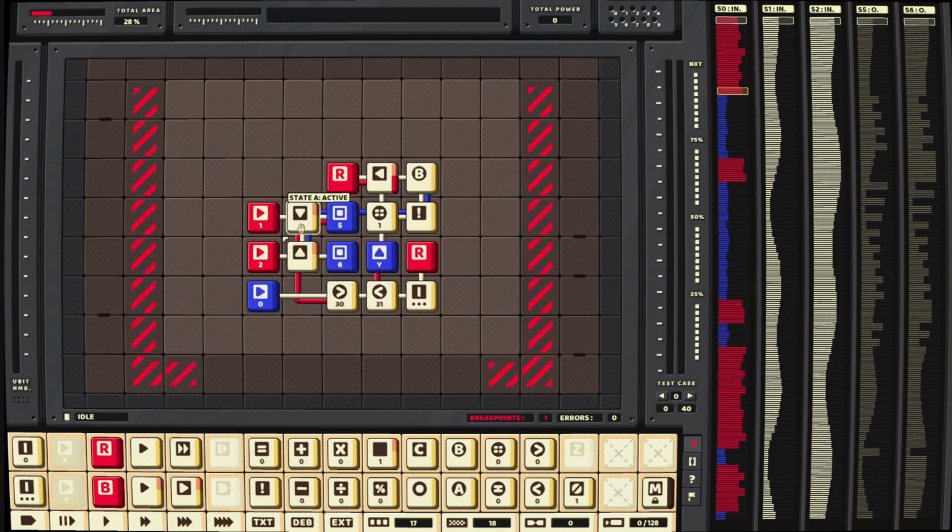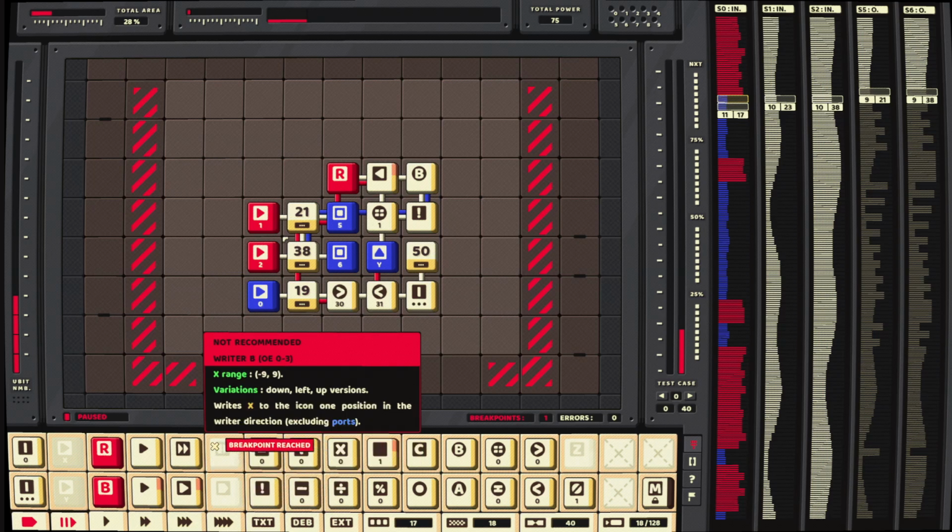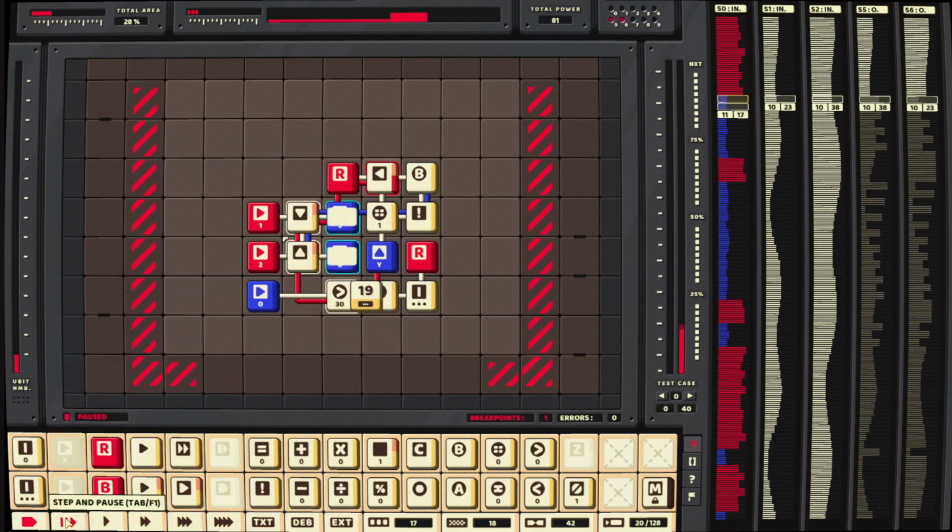So this should be sending them into state B, i.e. turning them off, right? Why wouldn't it? Oh, because at the same time, this is turning them into state A? Yes, I see.